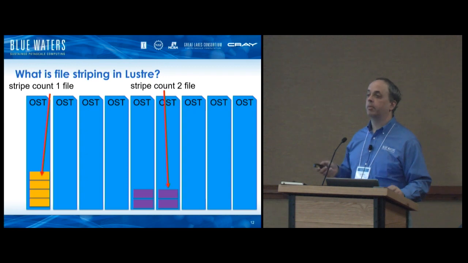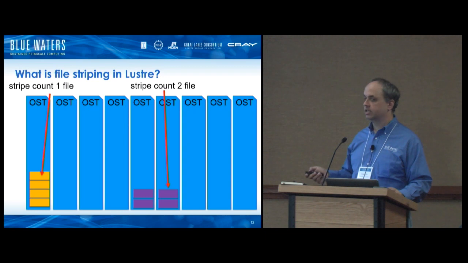Lustre striping is a complicated topic, but very basically, every file has a stripe count, and the file system is this giant raft of what are called OSTs. OST is storage target. If you have a stripe 1 file, all the blocks of that file will go in one OST. If you have a stripe count 2 file, it will round robin between those stripes.